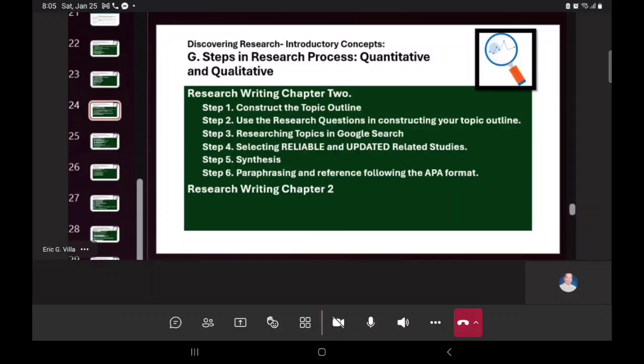These steps ensure academic integrity through proper attribution, consistency in citation style, clear distinction between original sources and ideas, and professional presentation of research findings. These 6 steps create a systematic approach to research writing that maintains logical progression, ensures academic rigor, promotes clear organization, and facilitates effective knowledge synthesis.